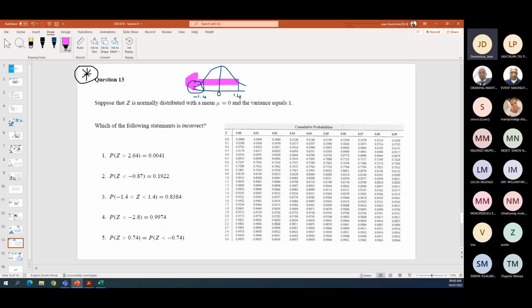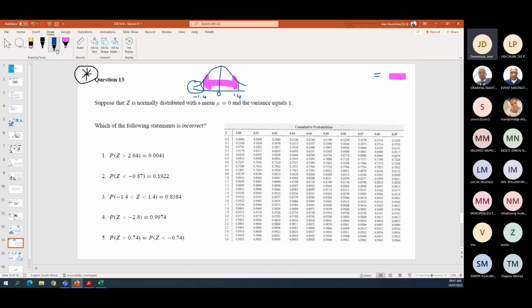And I like to do it in colors. So I want this purple area. Okay, so that is the answer that I want, is the purple area.